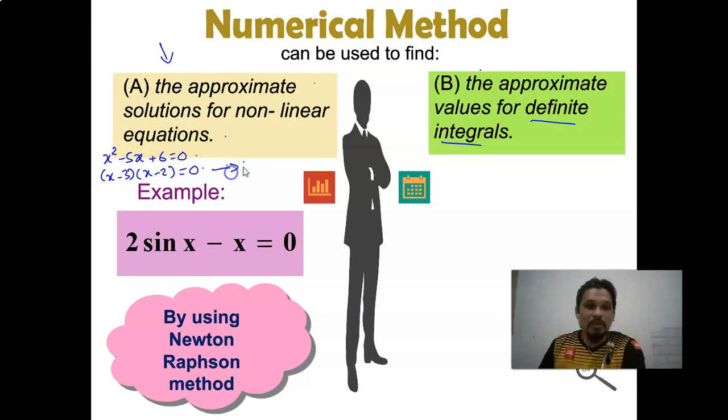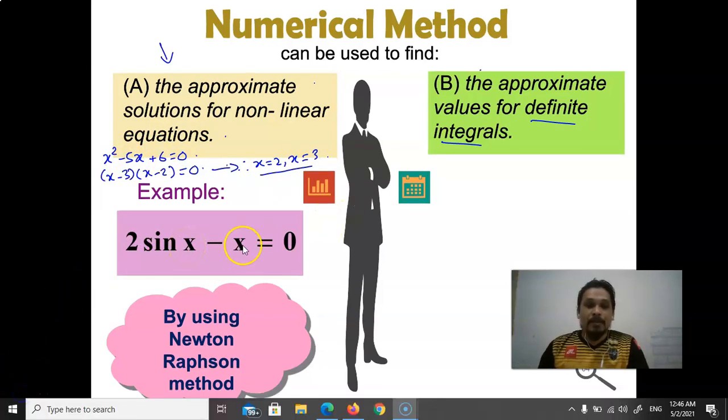So we come up with a conclusion that x equal to 2 and x equal to 3. So these are the roots of this quadratic equation. But what about this one here now? 2 sine x minus x equal to 0. Then we can use the Newton-Raphson method to find the approximate value of x.